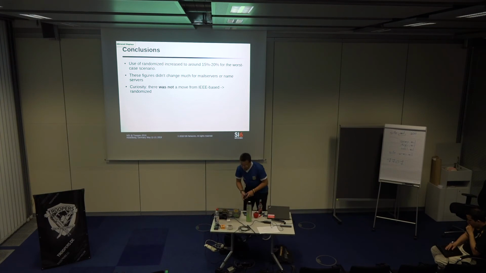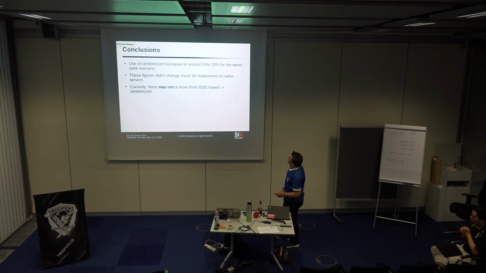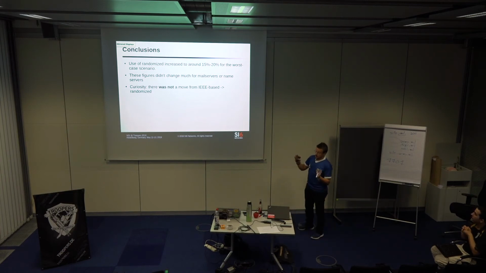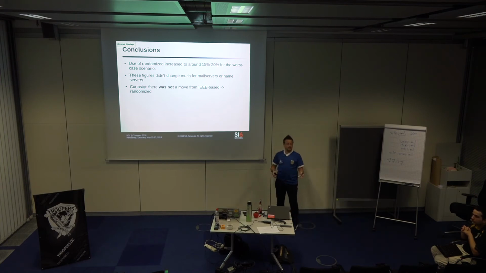Well, this is something that I was mentioning too. Again, according to the measurements that I presented in the previous slides, even in the worst case scenario, you have at least like 15% of random addresses. That's still not good. You might want to have much more random addresses, but it's a big change from the measurements that I did 5 years ago, where the amount of random addresses was about 3% or 5%.